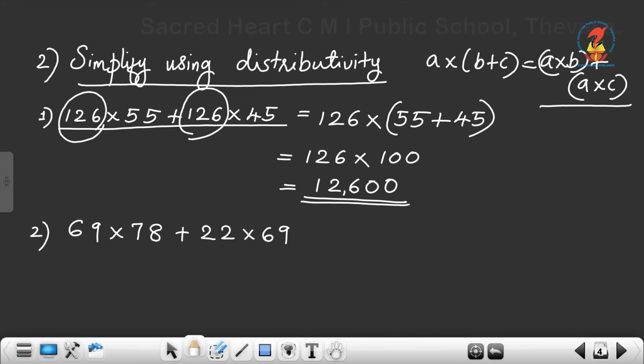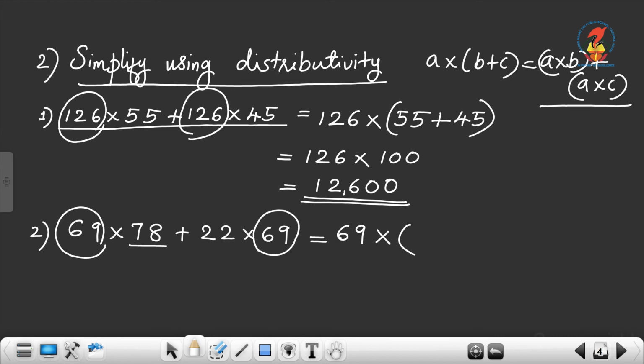Now, next one, 69 into 78 plus 22 into 69, which whole number is common? 69 is common. So, we can take the common number outside. So, 69 into, then put the bracket. What is left here? 78.